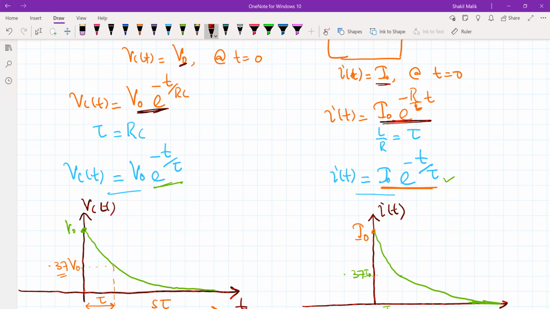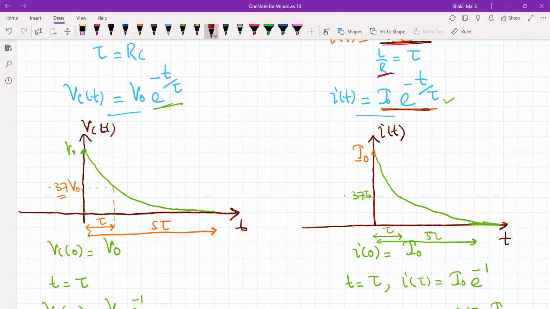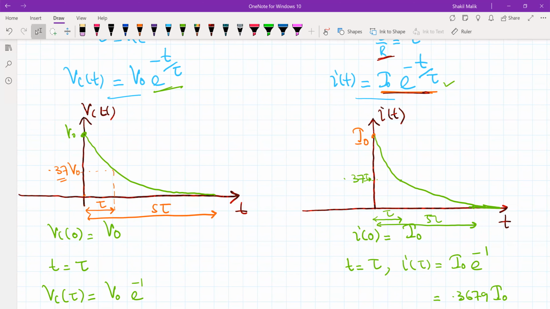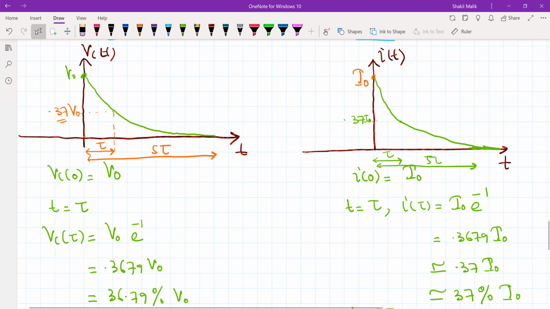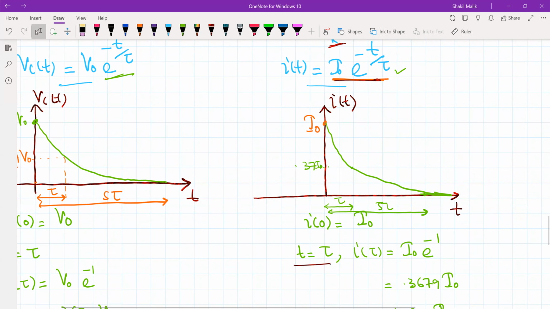And again, the time constant of the circuit is L by R. If we plot it with respect to t, and take a few examples like t equal to 0, t equal to tau, t equal to 5 tau, you will see that in one time constant the inductor current drops to almost 37% of its initial value. In the same way, the inductor current becomes almost zero in 5 time constants in a source-free RL network.